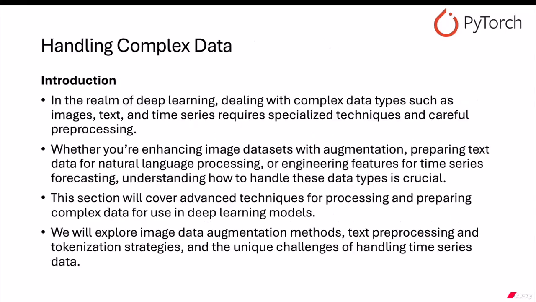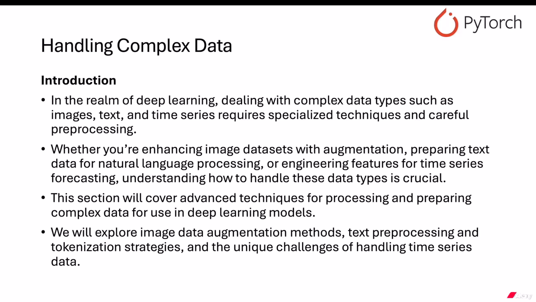Handling complex data. In the realm of deep learning, dealing with complex data types such as images, text, and time series requires specialized techniques and careful preprocessing. Whether you are enhancing image datasets with augmentation, preparing text data for natural language processing, or engineering features for time series forecasting, understanding how to handle these data types is crucial.